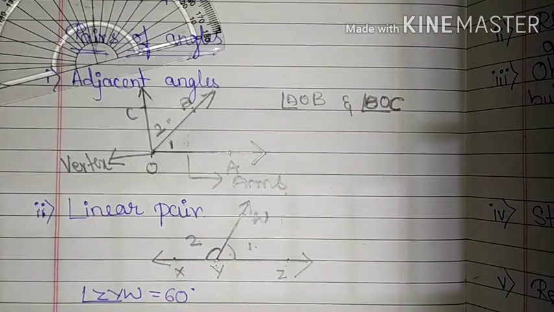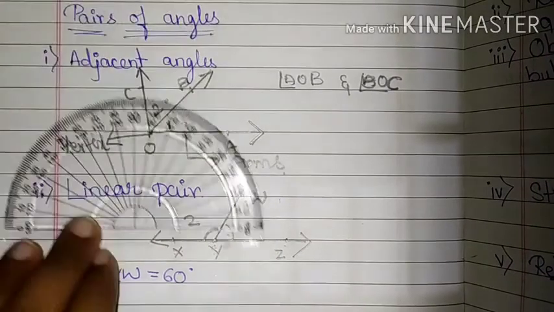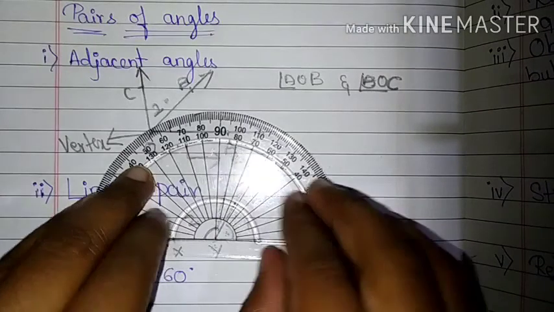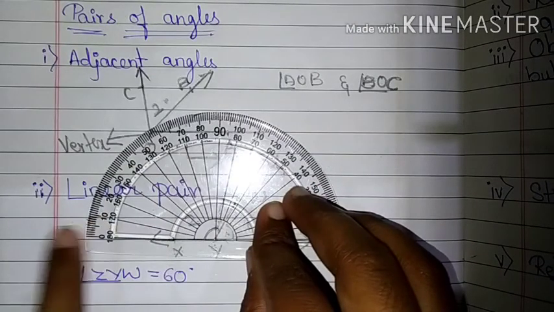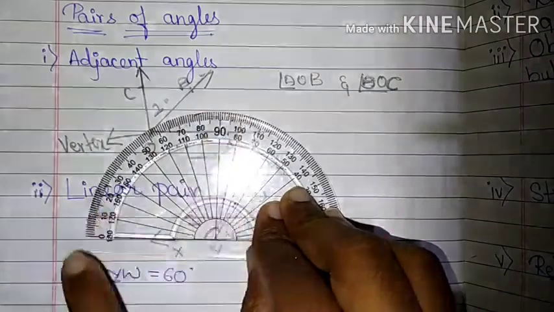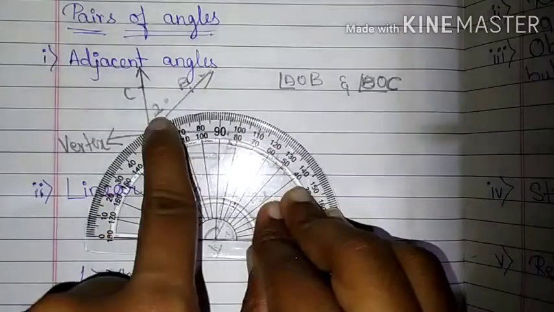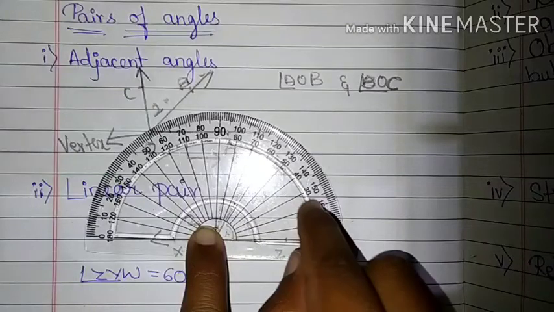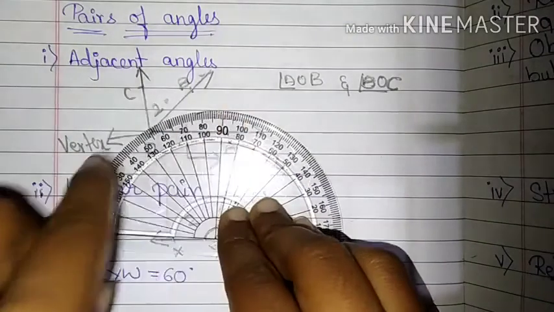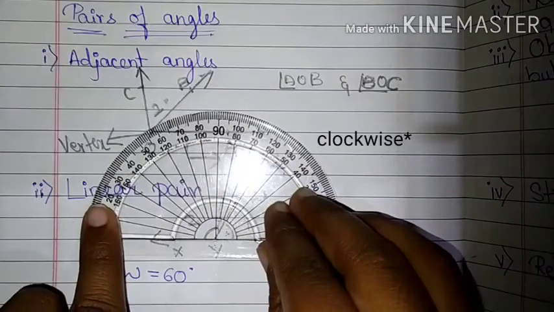Now similarly, let us measure the second angle, that is XYW. Once again, this should coincide with the vertex, and here the line should coincide. We are measuring it from here now. We are using the outer measurements. Before, we used the inner measurements. Now we are measuring it in the anti-clockwise direction.